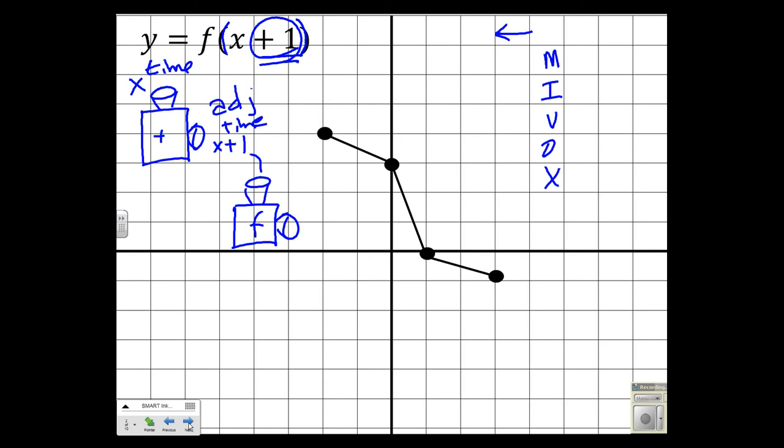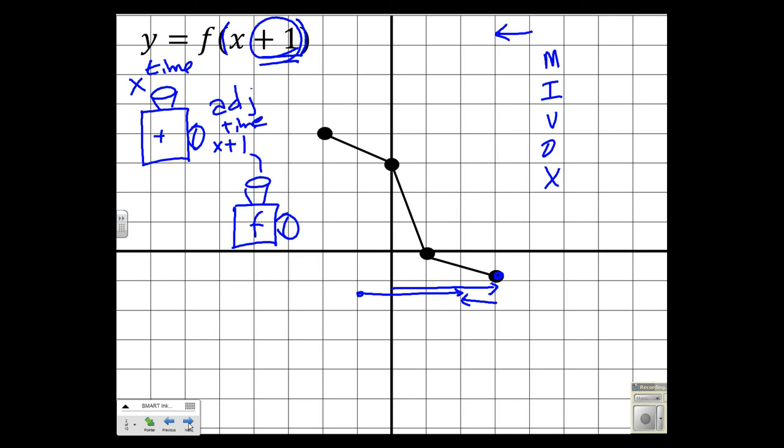If it took my corn 3 days to get to this height, and it had a 1-day head start, that would mean we'd start from here, go to there, and we're actually moving back 1. 1-day head start, everything happens 1 day sooner.